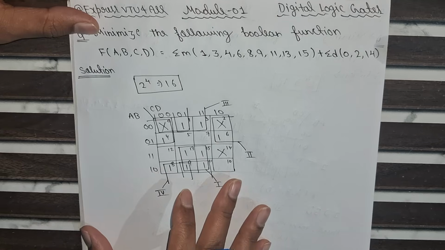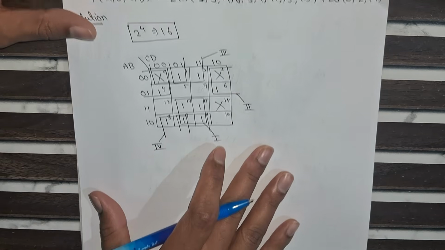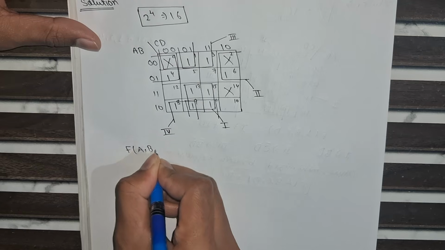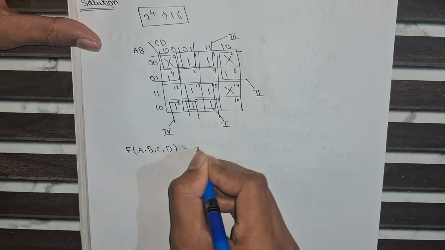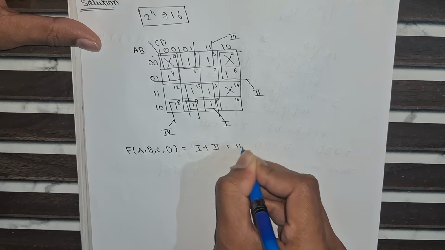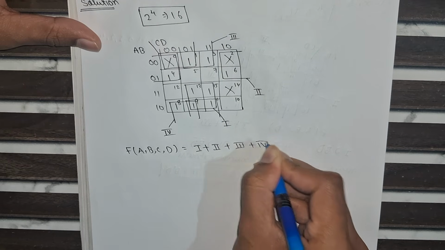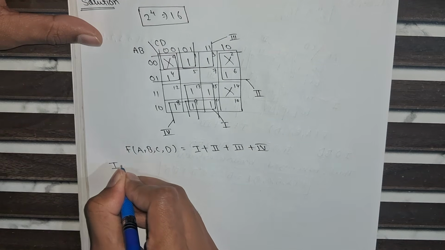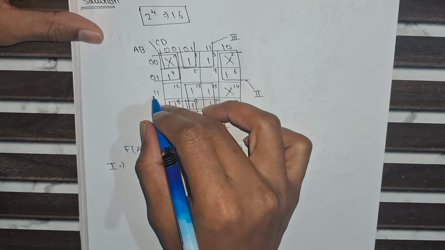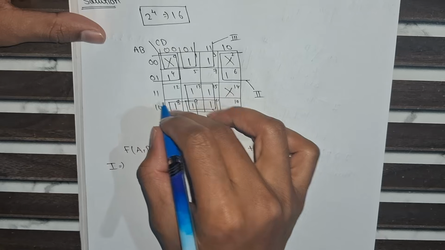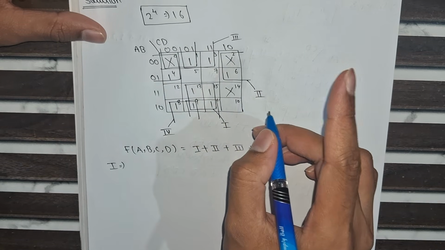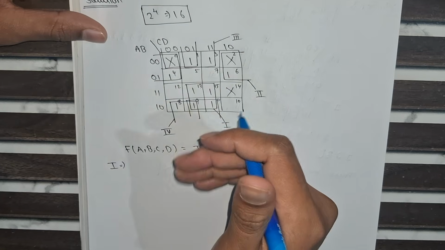Now we will minimize it group by group. So f of a, b, c, d we can write as minimized first plus second plus third plus fourth. So now for the first I am minimizing this. The first group, row wise, is covering 11 and 10, so we will check here. The values which are changing, we don't have to take; we have to take the constant values.